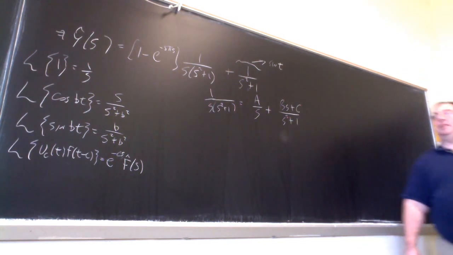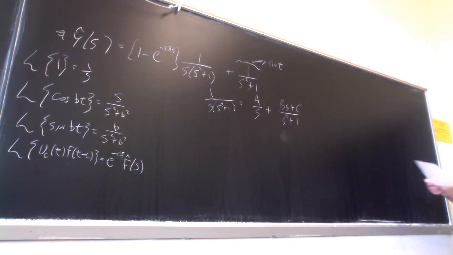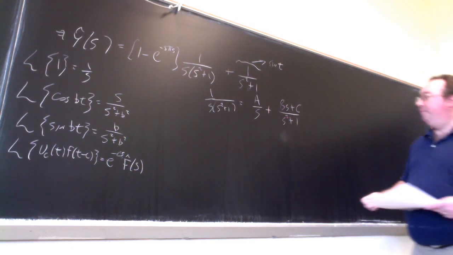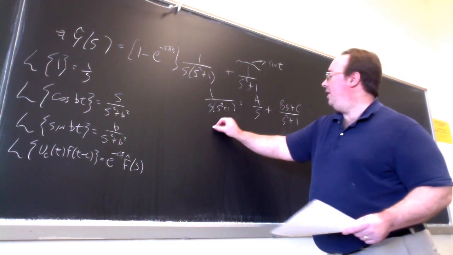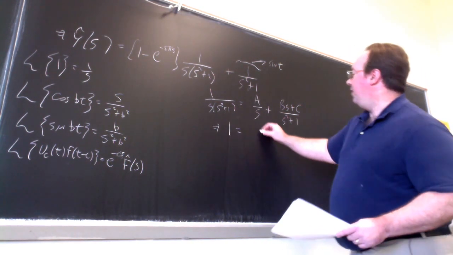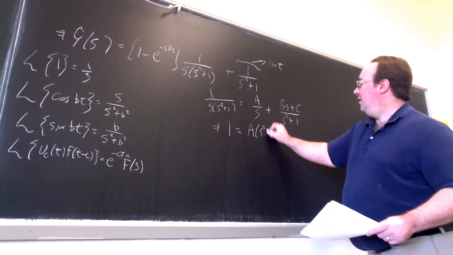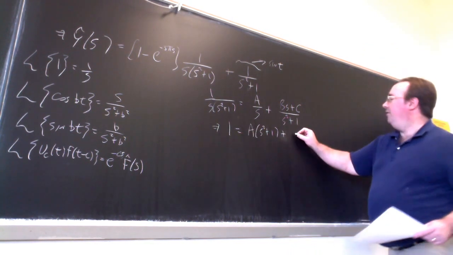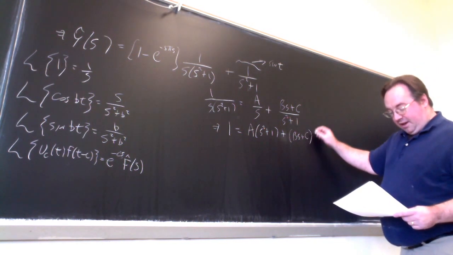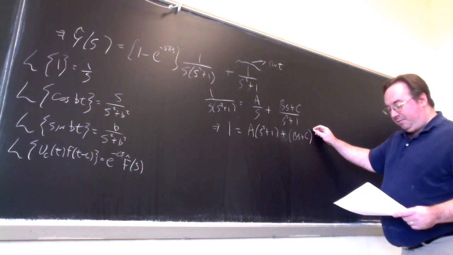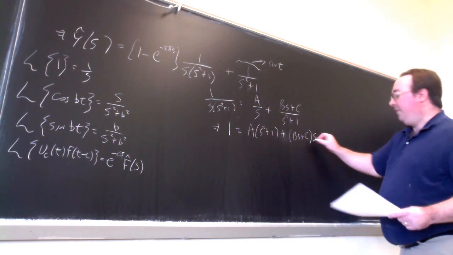So this one's kind of a pain. So now if we multiply both sides by the denominator, we get 1 on the left side, and we get a times s squared plus 1, and then we have bs plus c times s.